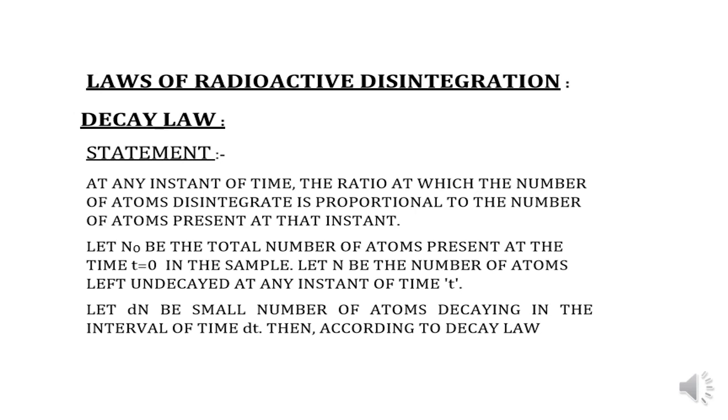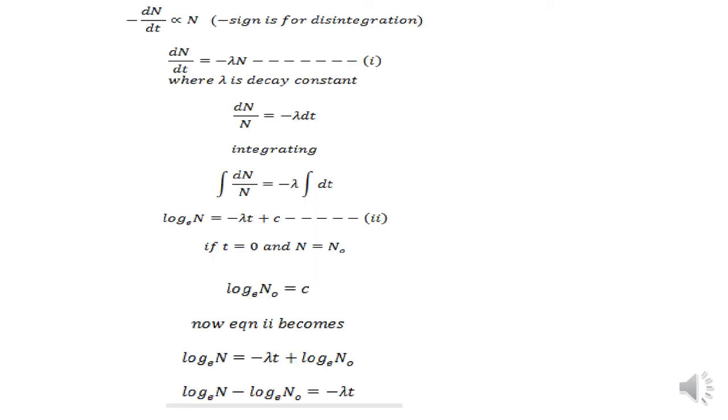Then according to the law, dn divided by dt is proportional to n. We have assigned a negative sign to the ratio dn by dt because the number is decreasing. Therefore, we can write dn by dt is equal to minus lambda n, where lambda is a proportionality constant. Here it is called the decay constant.